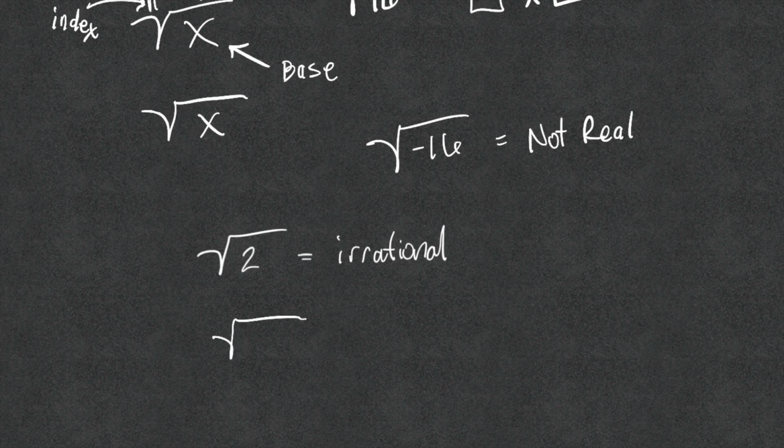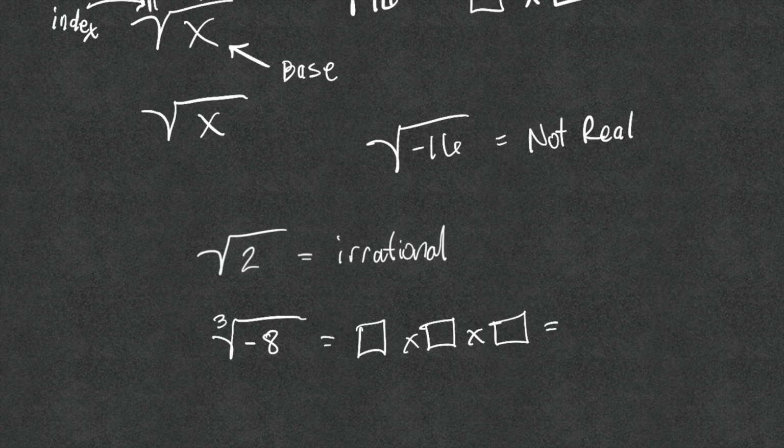When we're looking at cube roots, we can have a negative under the radicand because this is some number times itself 3 times. And we do know the rule that when you have a negative times a negative times a negative, we can have a negative answer.